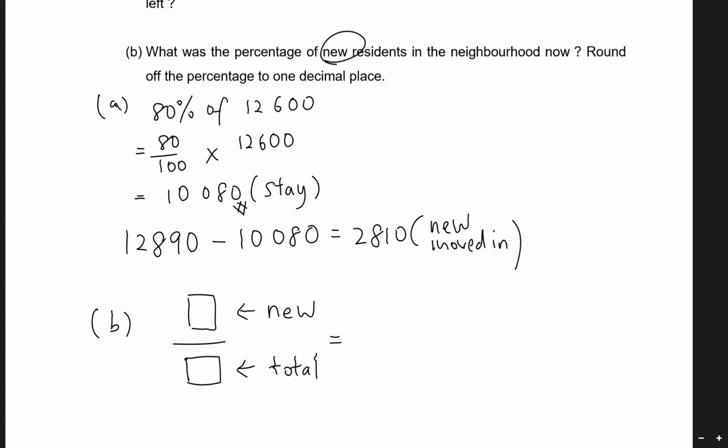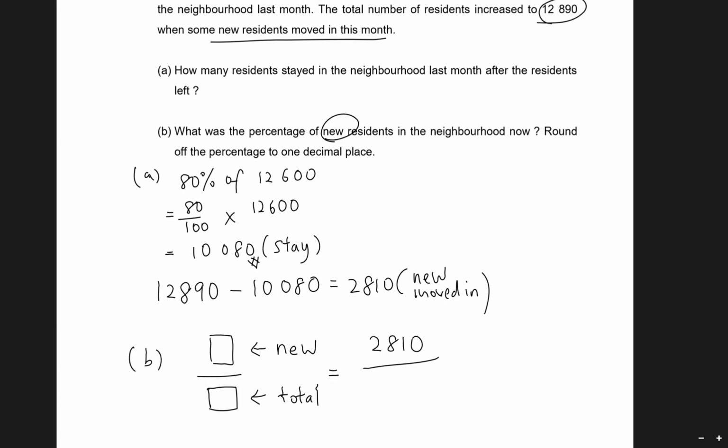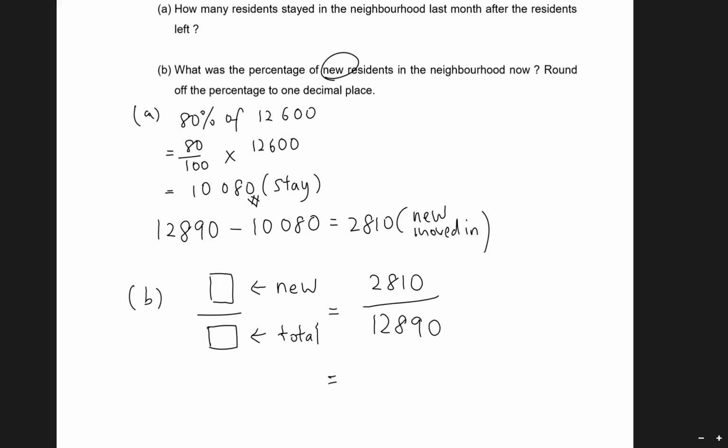So the number of new residents who moved in, we know that is 2,810, and the total number of residents now is stated in the question, right? 12,890. Now how to change this to a percentage? One way is to change the denominator to 100, which is not going to be easy, right? So we learned that method 2 was just to multiply everything by 100.